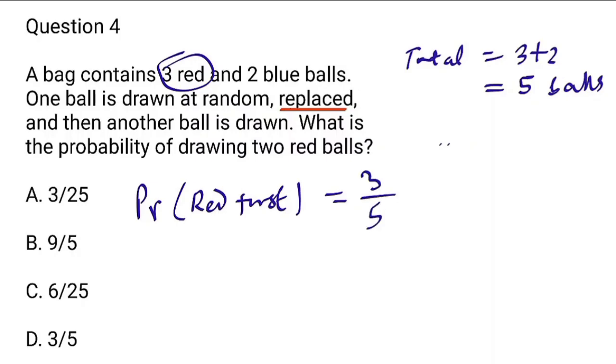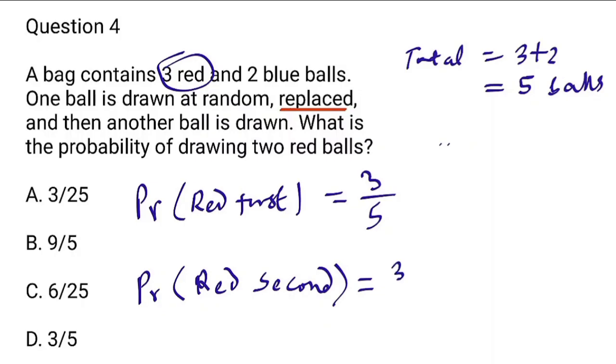Then the probability of the second ball drawn being red is still the same, because I told you, if it is with replacement, the probability stays the same for each draw.